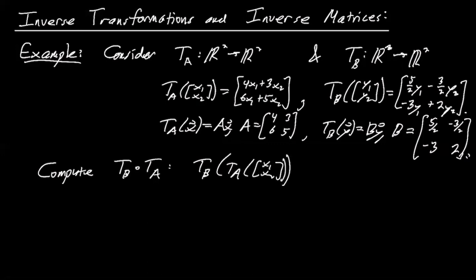You might pause and see if you can get ahead of me, just by plugging in T sub A first and then plugging the result of that into T sub B. So I would pause, do that.